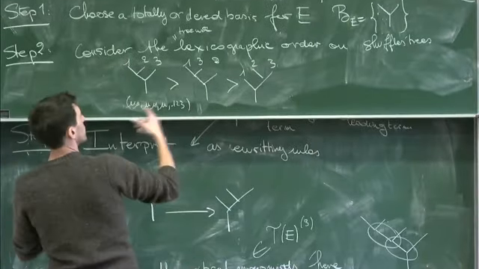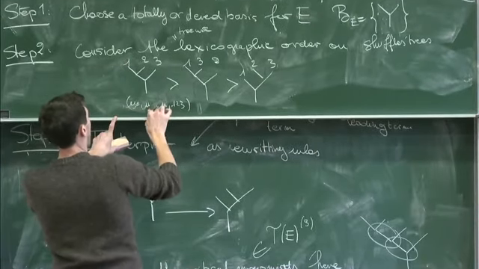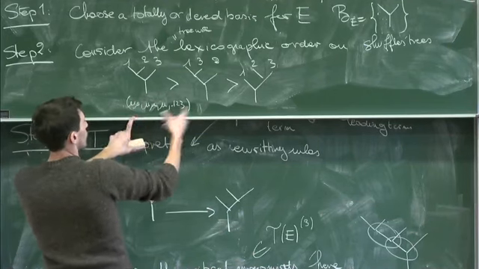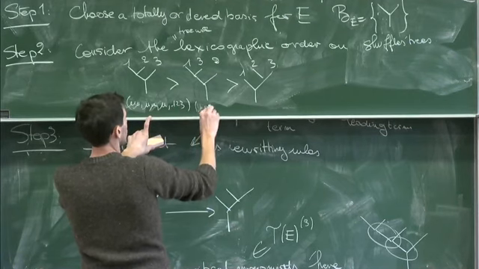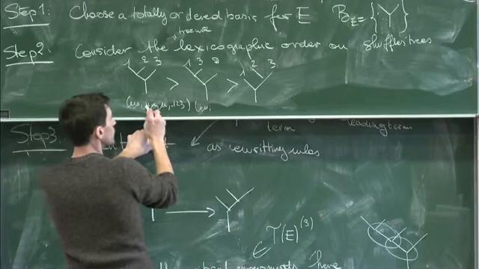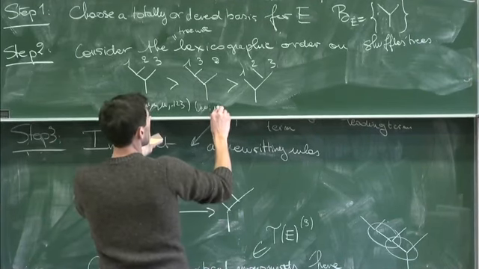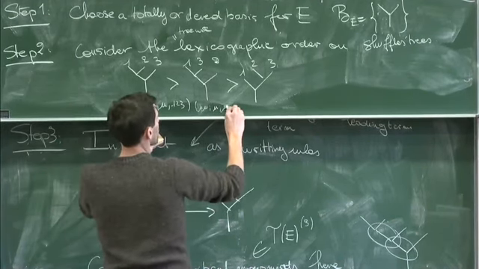Let me show you just between these 2. The length here is the same, but when we compare with the lexicographic order, we had mu, mu, which is bigger than just mu, mu, and mu, whatever we have after that.